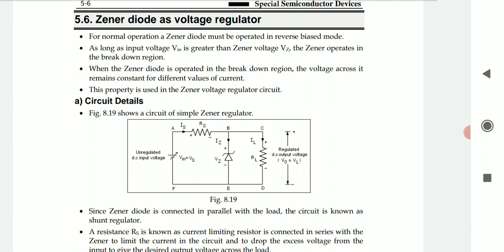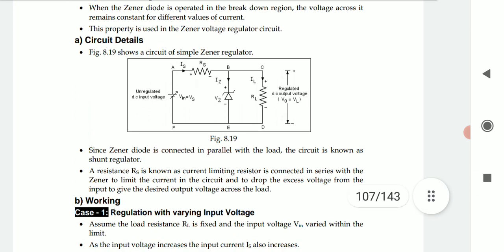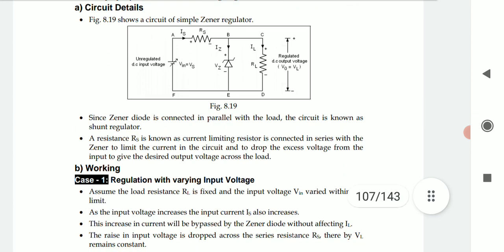Here the voltage regulator circuit is given. In this, Vin is the input voltage from an unregulated power supply, next RS is the source resistance, VZ is the Zener diode, and next is the load resistance. Since the diode is connected in parallel with the load, the circuit is known as a shunt regulator.